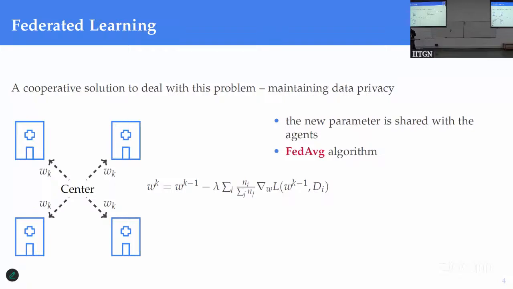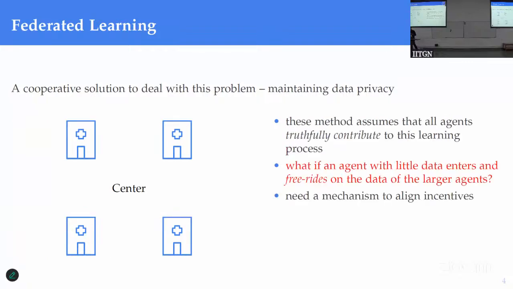Now, NI is the size of DI. I should have used SI max, but yeah. So NI is the contribution that agent I is making. If someone has a lot of data, then their contribution will be averaged in a proportional way. One of the fundamental assumptions of this Fed averaging algorithm is that all the agents are truthfully contributing their entire data.